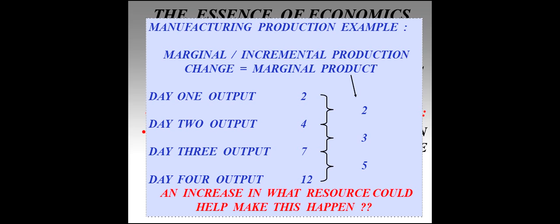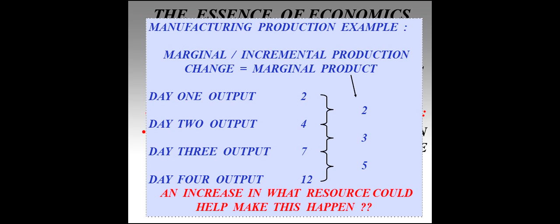Then if you measure from day 2 to day 3, day 3's total output winds up being 7. You have an incremental change of 3, increasing incremental change. And then for completing our illustration from day 3 to day 4, you have an incremental change of 5. So marginal product as a measurement is this measurement of the incremental change in production from one day to another.